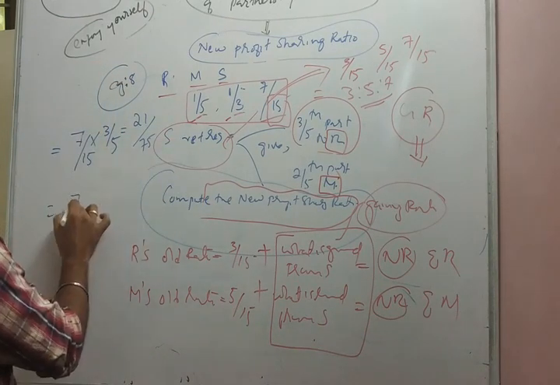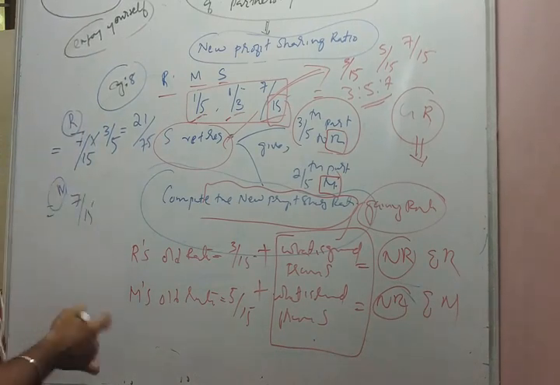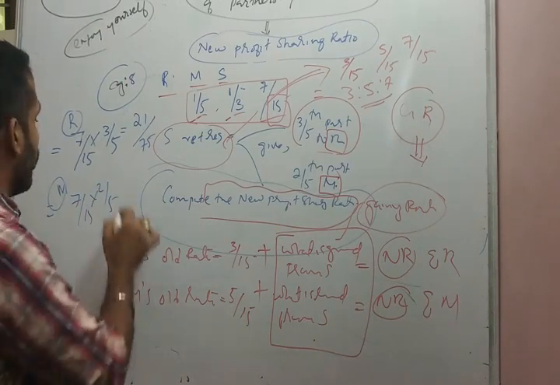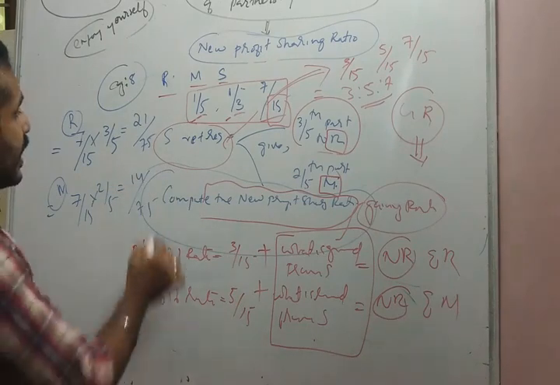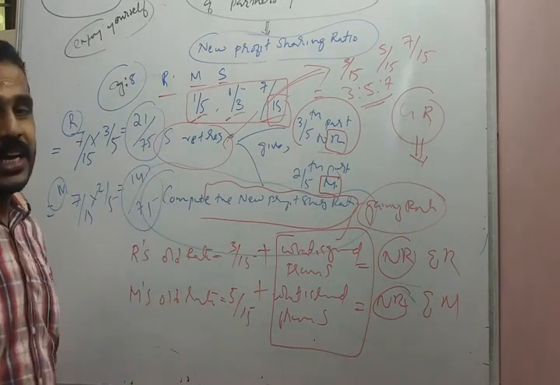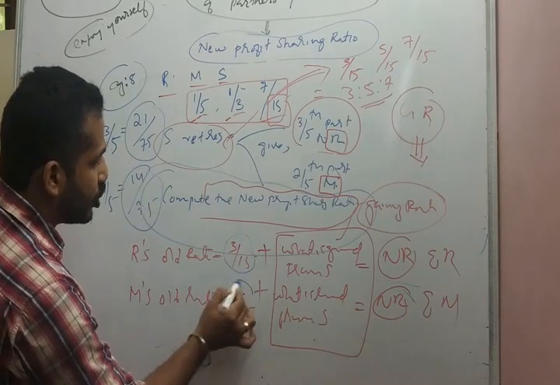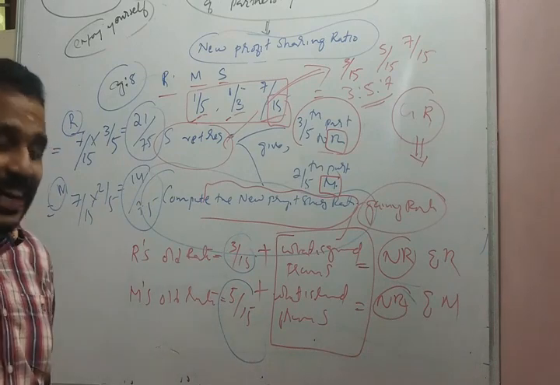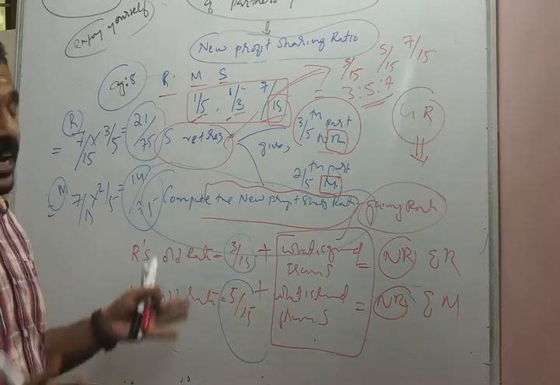Then out of 7/15, 2/5 is received by M. Then we get 14/75. So the gaining aspect is 21/75 and 14/75. When this is applied to the old ratio, we will get the new ratio of the existing partners after retirement.